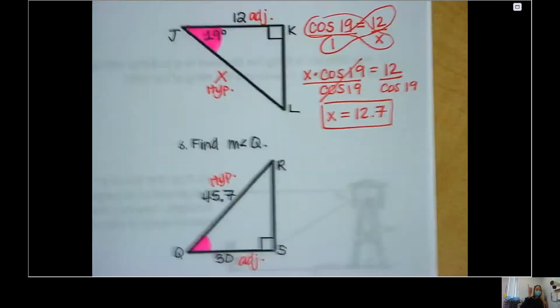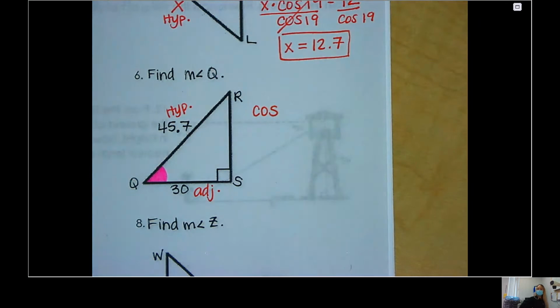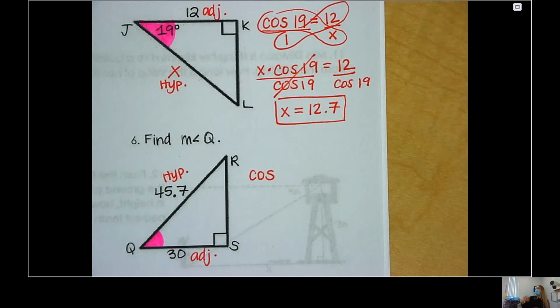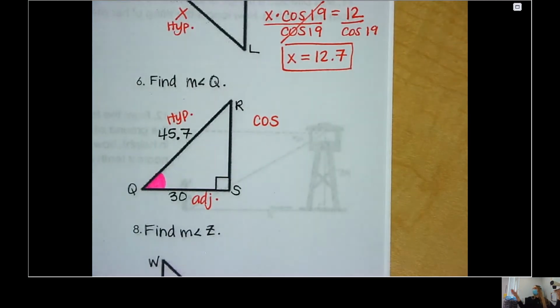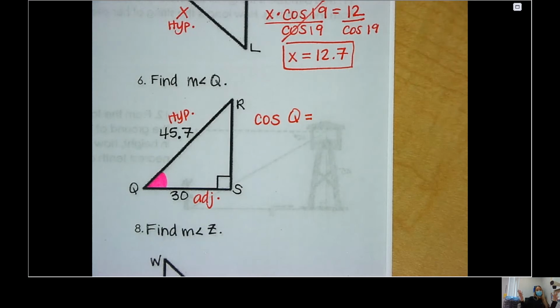Okay, so I know I'm going to use cosine. So when I go to write it, I put cosine of, now I got a problem, right? Because before we put cosine of our number. I don't know what mine is, so I'm just going to put cosine of Q, or you can put an X there or something. Cosine of Q, it's unknown. That's the angle I'm trying to figure out, right? That's this one right here.